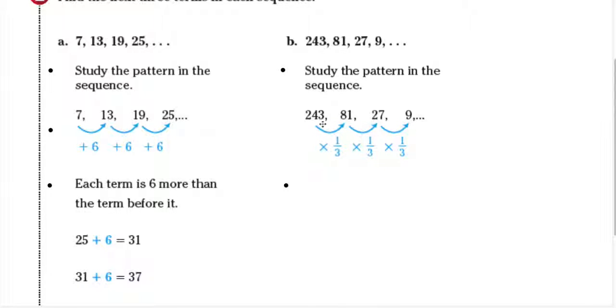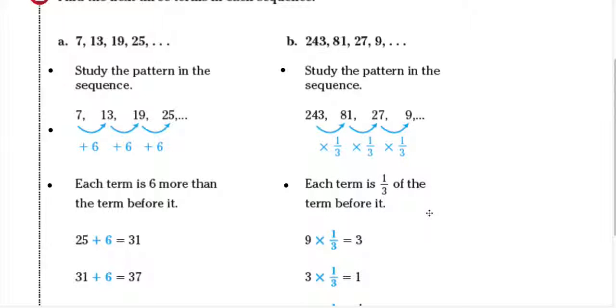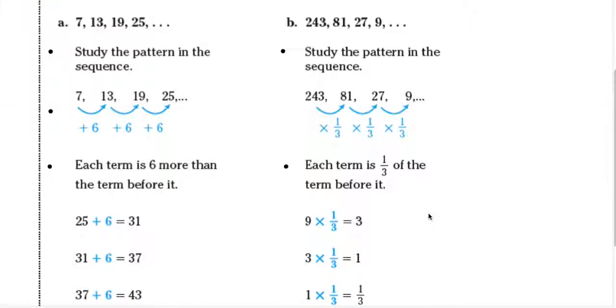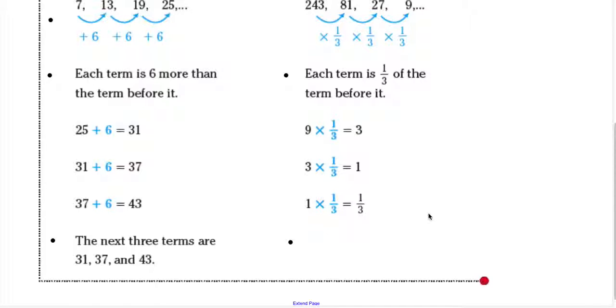If you multiply 243 by 1/3, you get the same result as dividing by 3. So each term is 1/3 of the term before it. You simply multiply 9 by 1/3 to get 3, multiply 3 by 1/3 to get 1, and multiply 1 by 1/3 to get 1/3. So the next three terms are 3, 1, and 1/3.